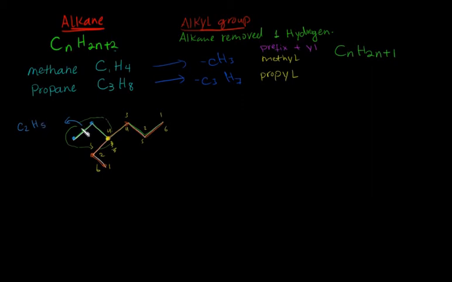It is ethyl. So to name this alkane, first we need to number the branch. We know that it is on carbon number 3. Then we have a dash.